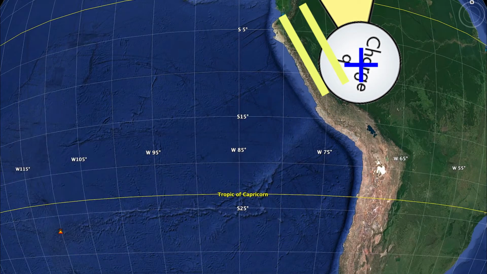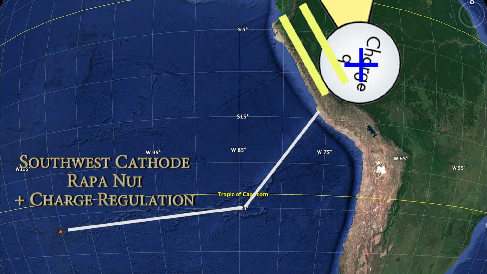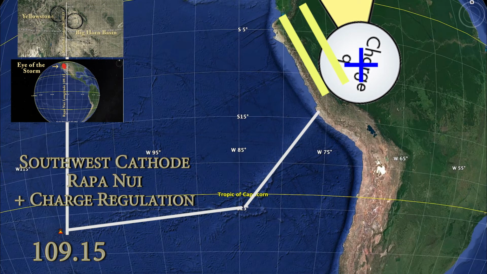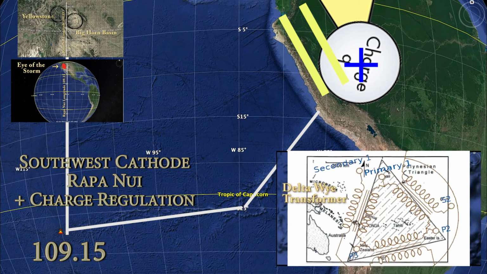And the charge connects via these seamounts, which were the electrical connection to the global neutral point, and provided the connection of the charge into the delta Y Polynesian Triangle.